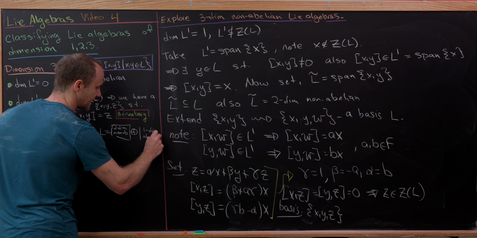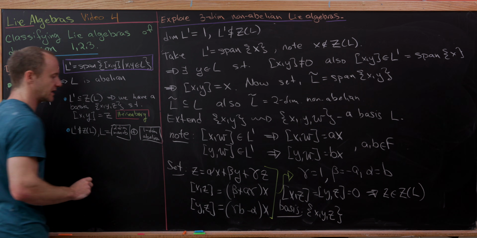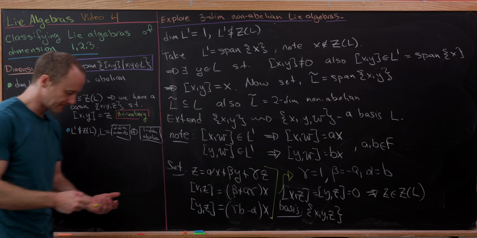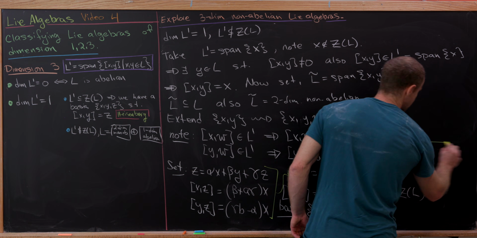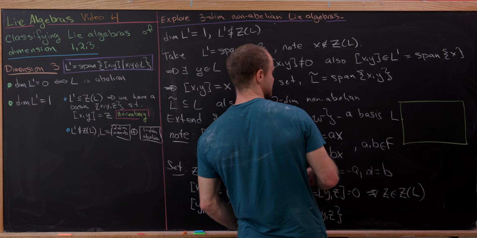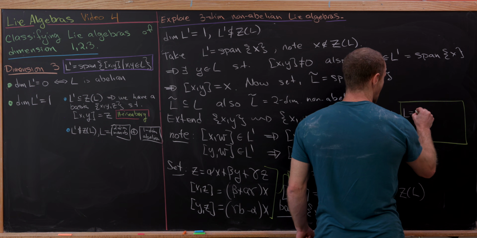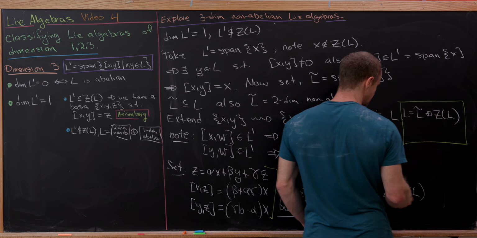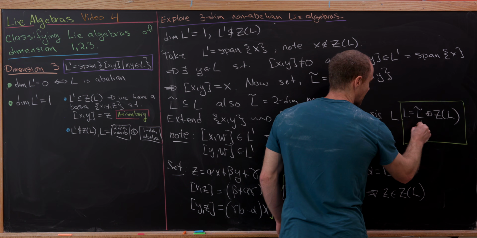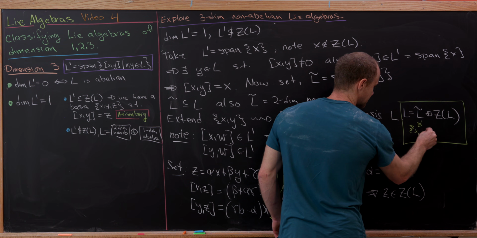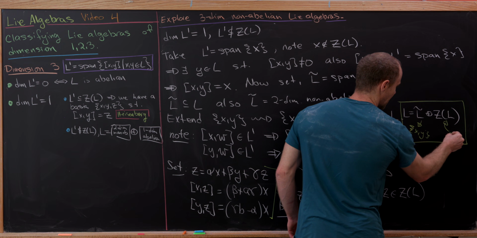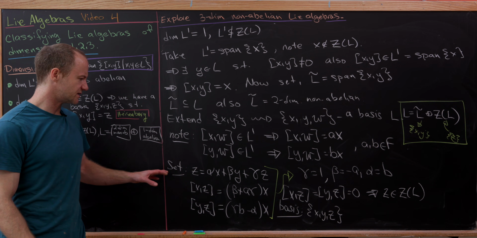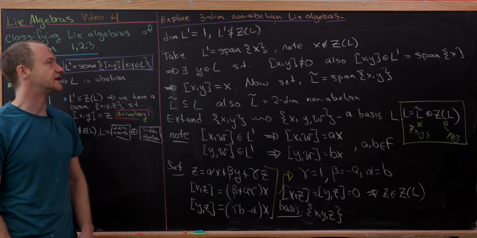Of course, writing abelian for one-dimensional is a little bit extra, but we'll do it just to underscore this fact. In terms of our notation, we have L is equal to L tilde direct sum with Z(L), where this L tilde is built out of x and y, and this Z(L) is built out of z. And again, z was constructed this way down here.